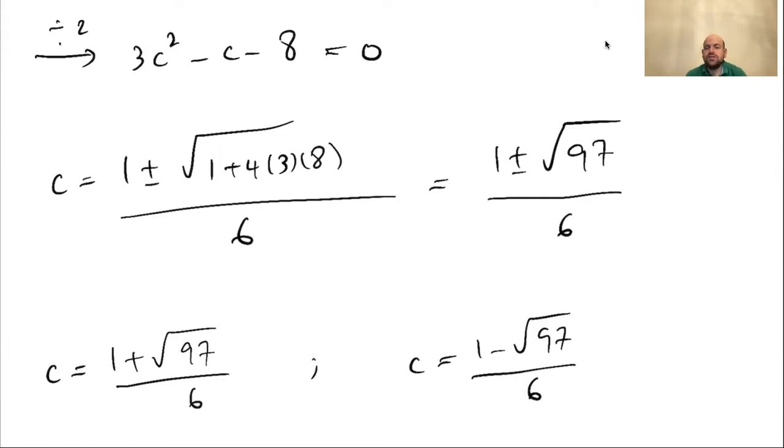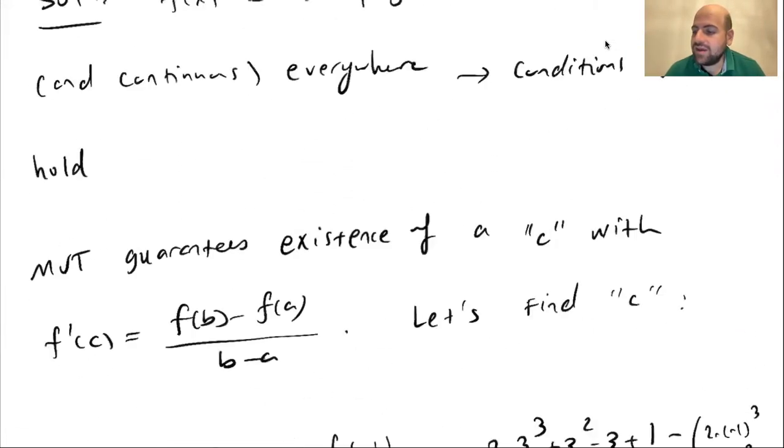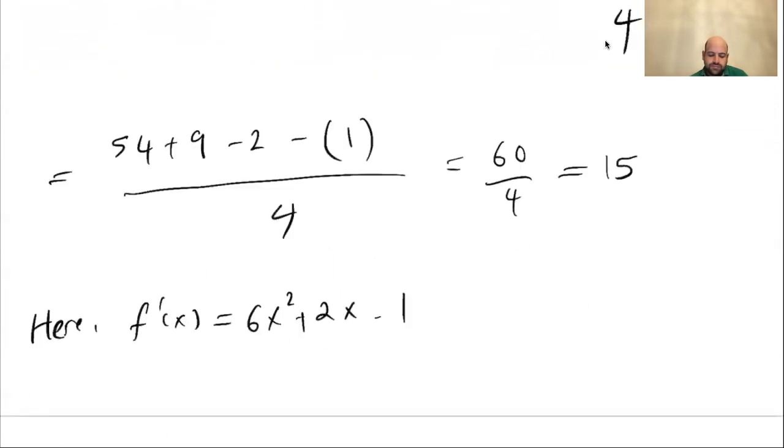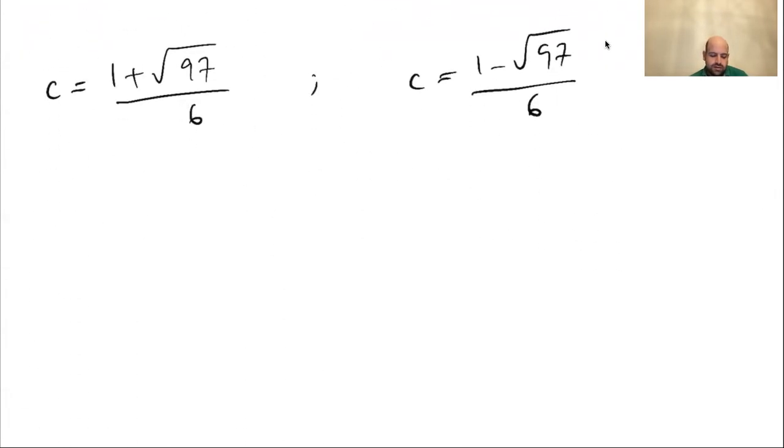Now we have to see which of these c values lie inside our interval, because remember, c has to be inside the interval that is given. What is the interval that's given? -1 to 3. So we will only accept the c values inside this interval and reject any c value outside it.